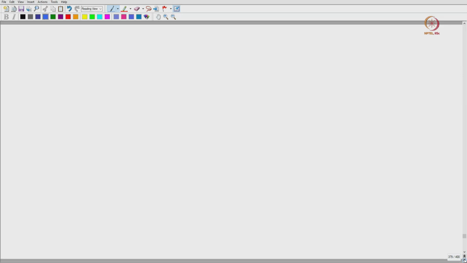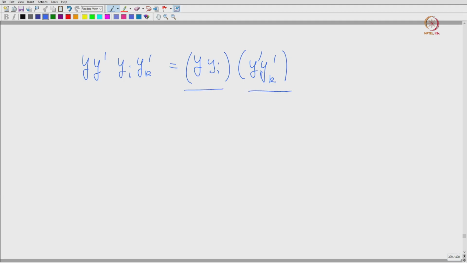Similarly, we can also prove that the product satisfies the same condition, because if you take y y dash and y_i y_k dash, you can read it as y_i times y dash y_k dash. Now note that this is an integral linear combination of y_j, and this is an integral linear combination of y_l dash.